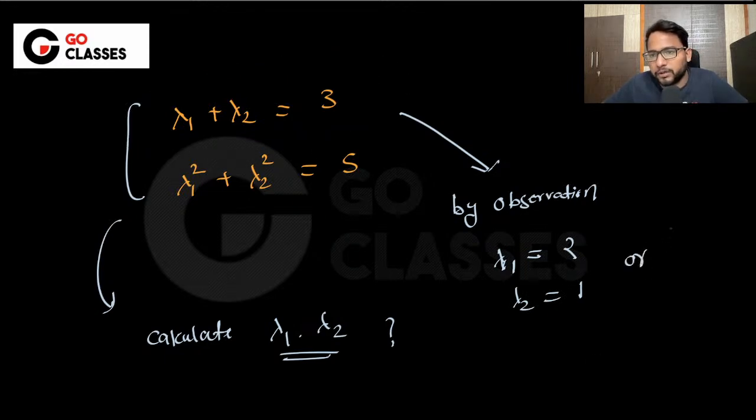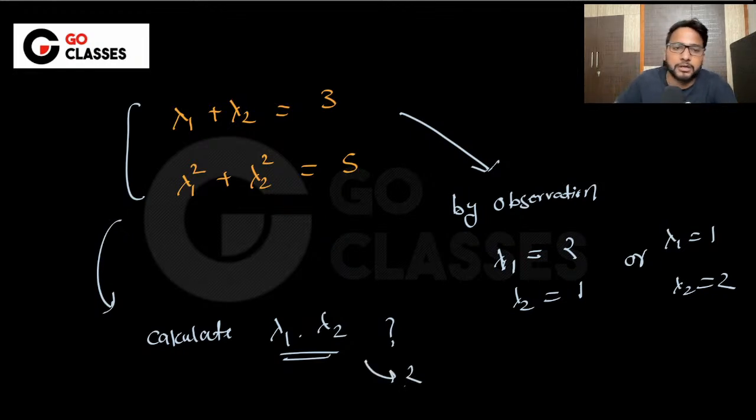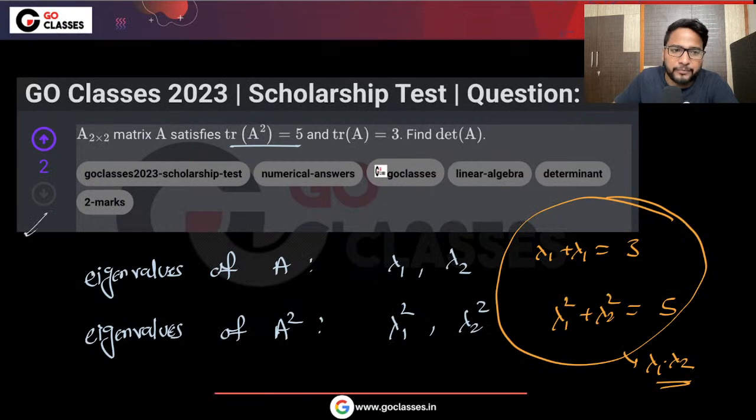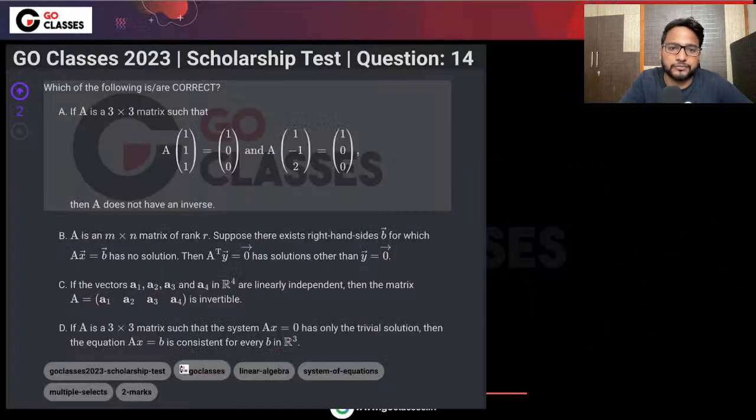Is this okay to everyone? I hope you understood. Basically it is very easy. Lambda 1 into lambda 2 is 2. I think the questions in the exam were not tough. So here the answer is 2.